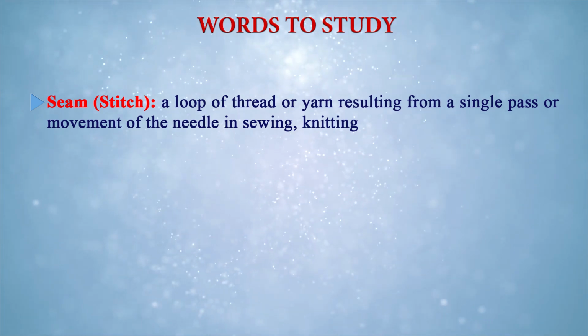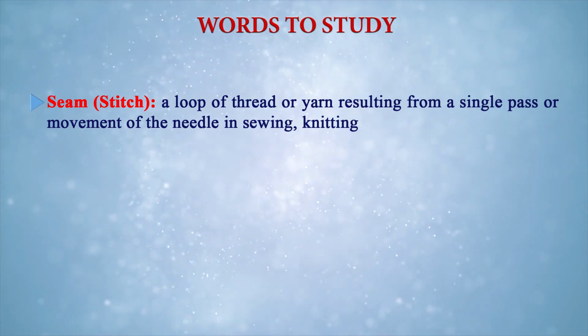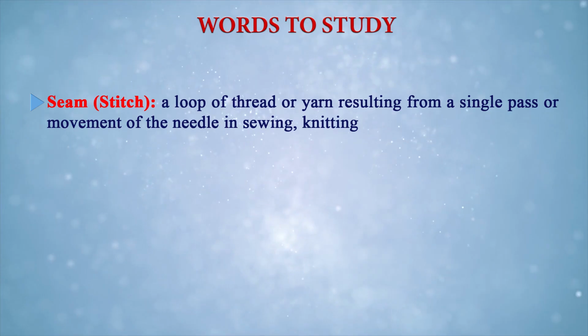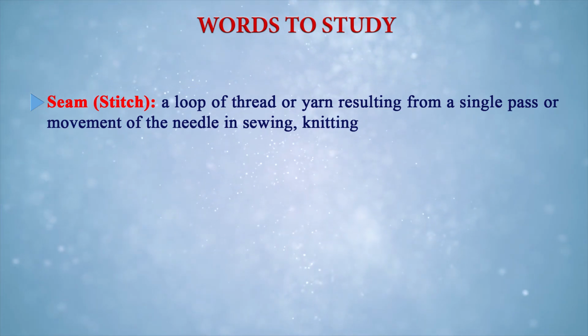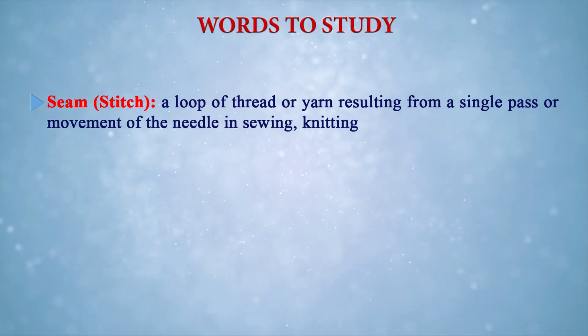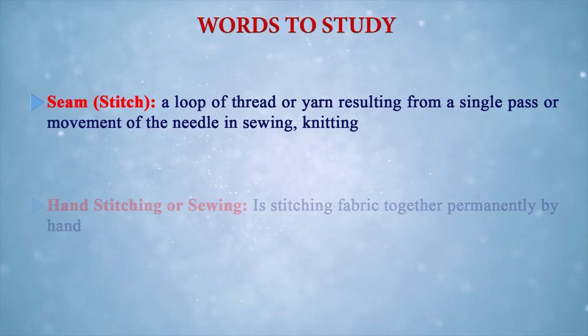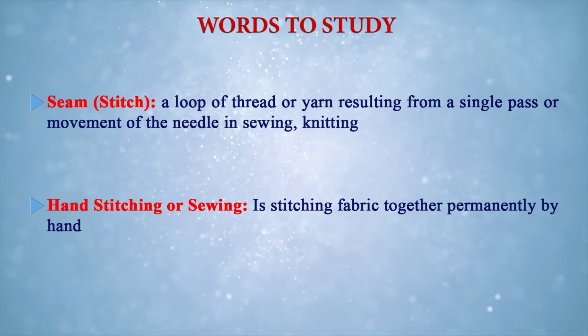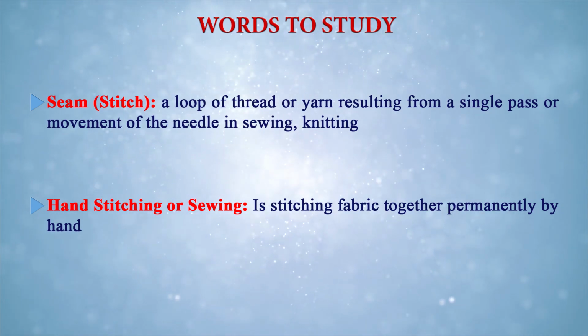Like when we insert the thread in the needle and use it to make a loop on the fabric, that is a stitch. And hand stitching or sewing is stitching fabric together permanently by hand. So these are the two terms we need to know for hand stitching.